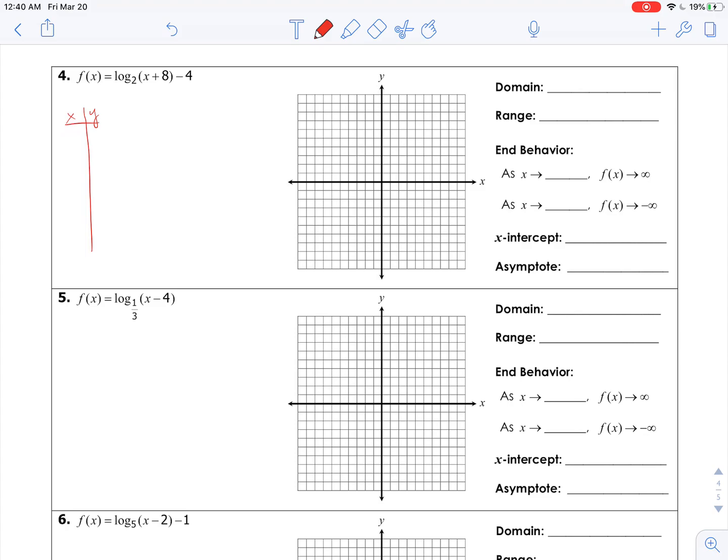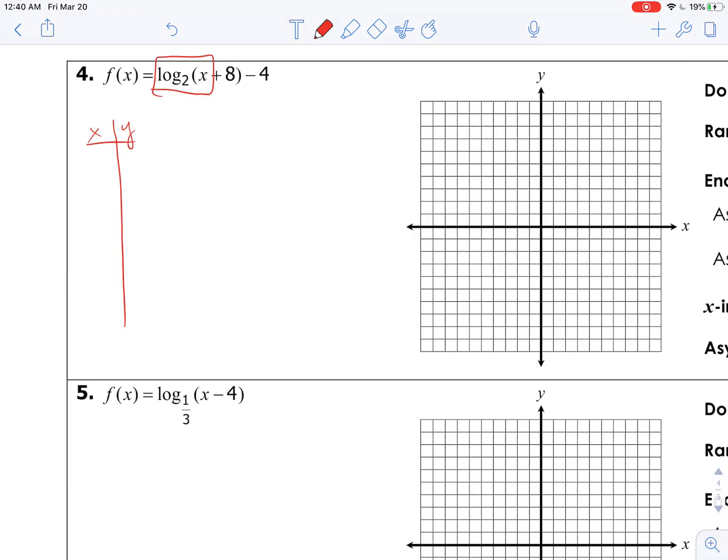So again, let's start off with graphing this. We'll always start with our XY table. And you can look here at, we'll always start off with just the function there up until we get to x. So whatever number we're plugging in for x, we're saying log base 2 of some number. Let's start with 1.